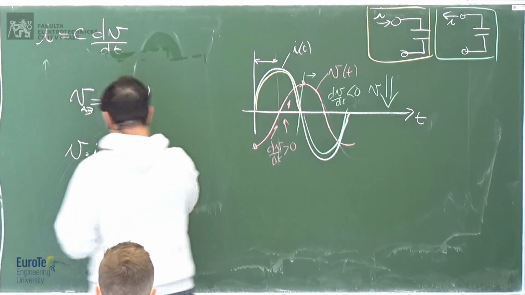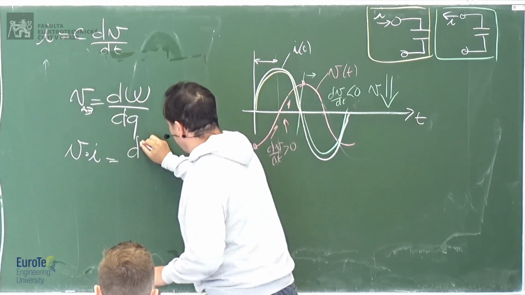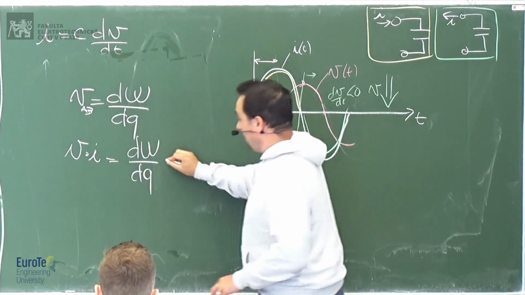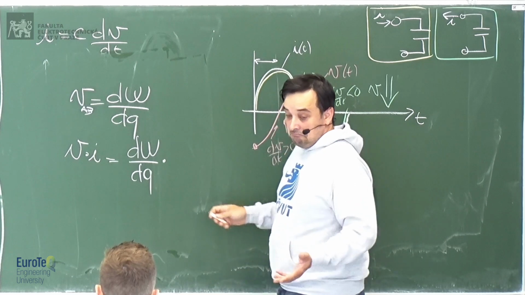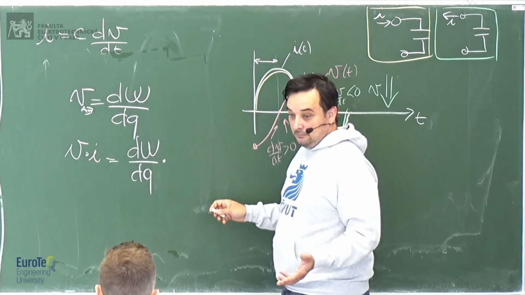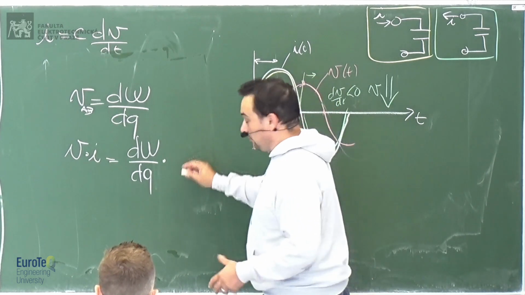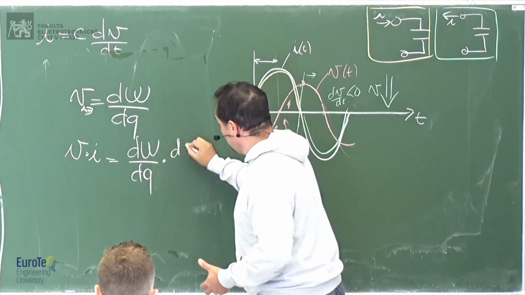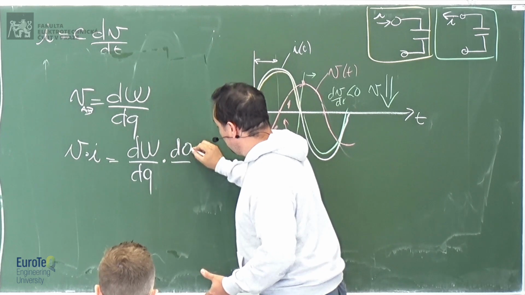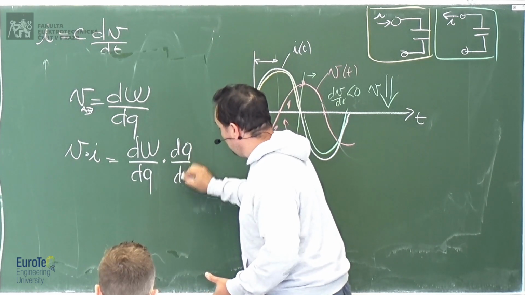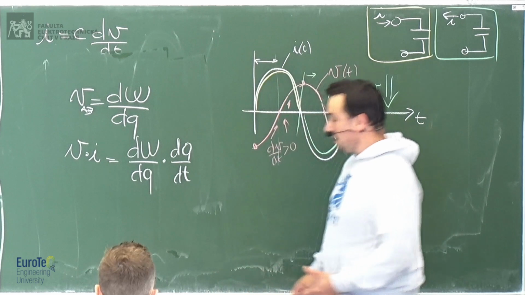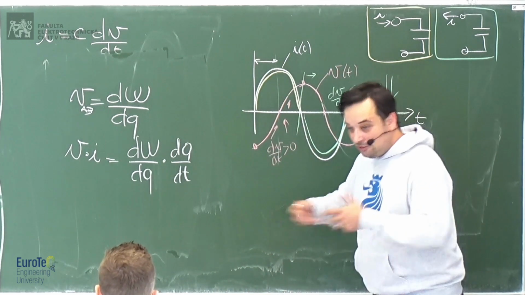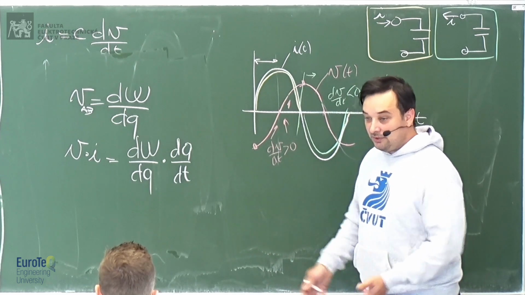You get this elementary work over the charge, and the current is the flow of charge, dq over the time. Remember, the current is how much charge flows per unit of time.